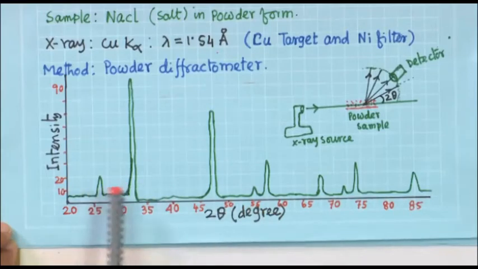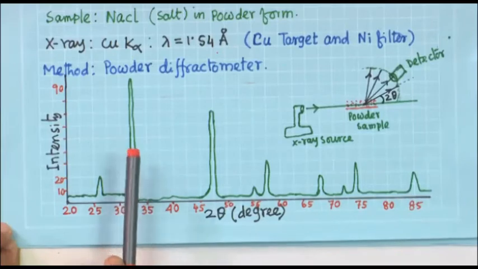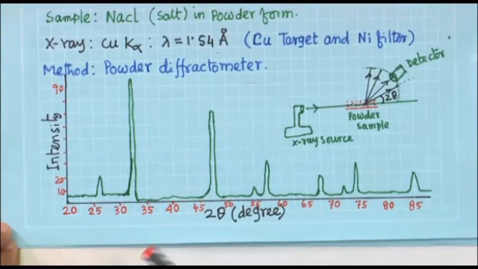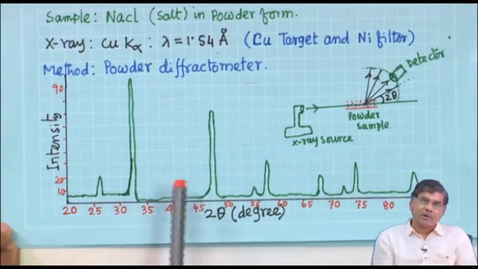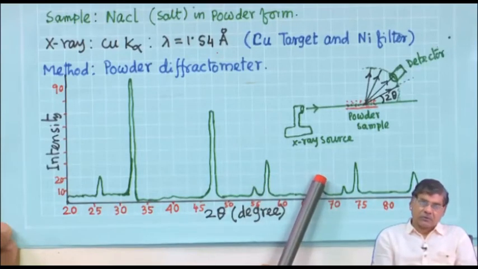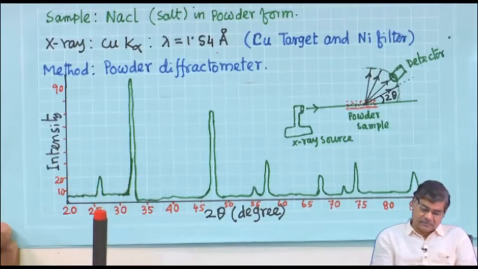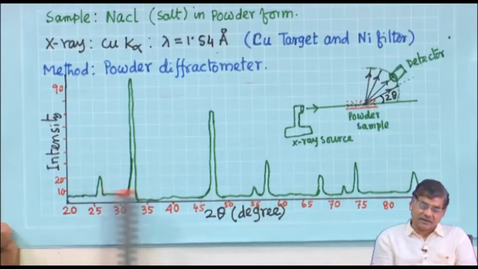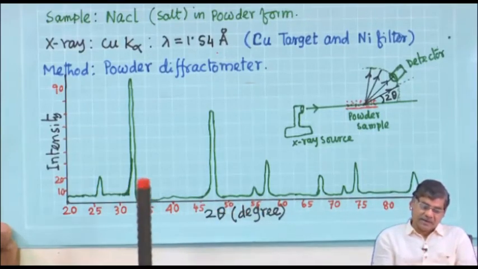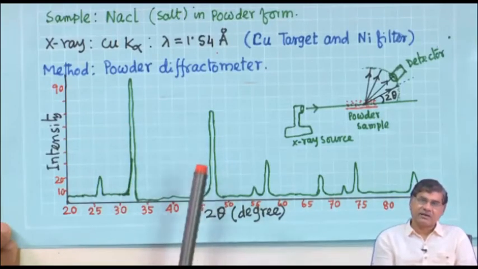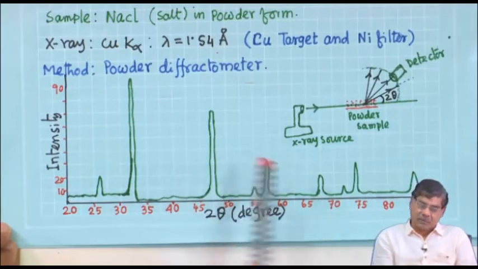The position of the peaks in terms of angle, the intensity of the peaks and the width of the peaks, all these three contain information about the sample. So we have to analyze the peak position, peak intensity as well as peak width.